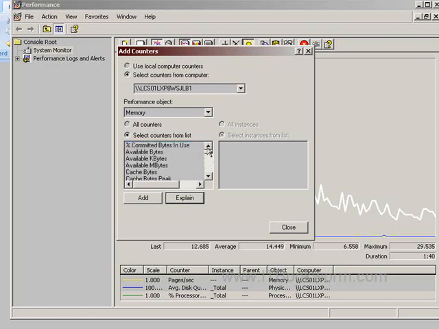The only other ones you're really going to be concerned with: committed bytes in use is okay. Available bytes, I like available megabytes, because available bytes is just too much math for me. When you get these numbers that are 12 and 15 digits long, my head just goes, okay, available megs, that's what I need. Remember, the bigger the number, the better.